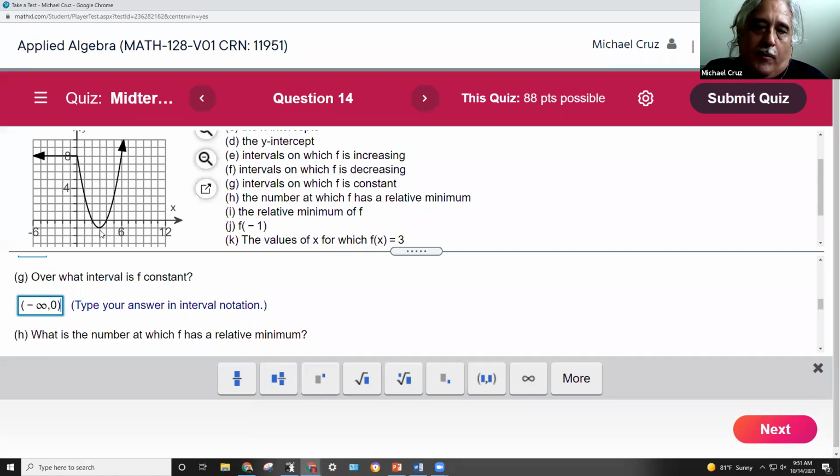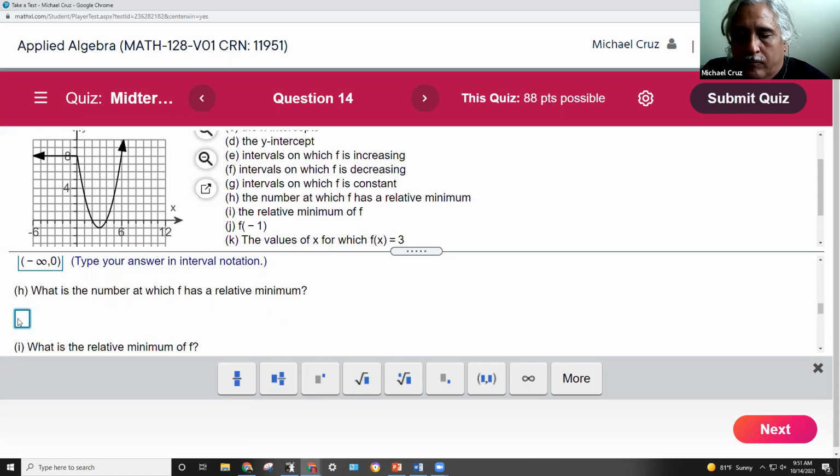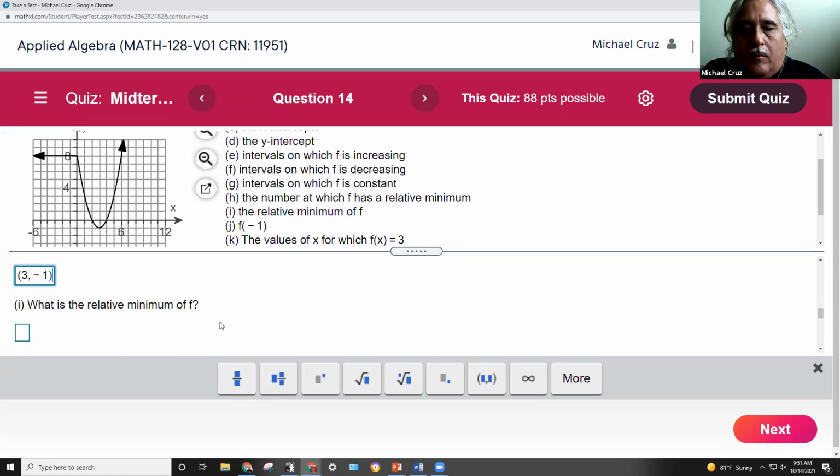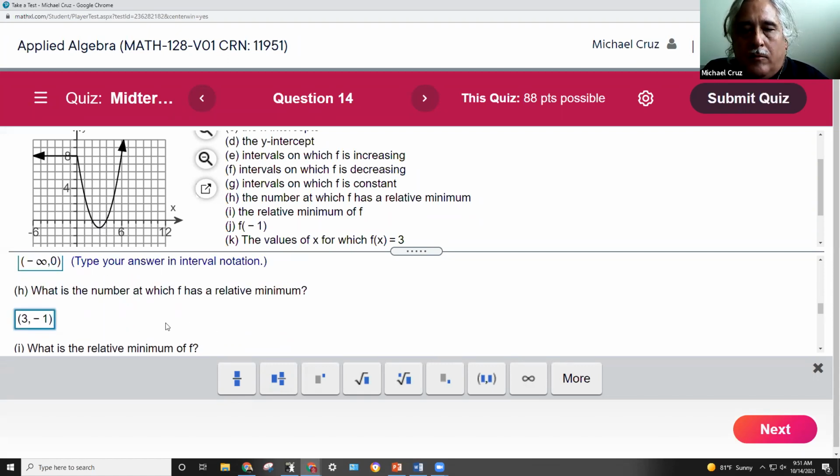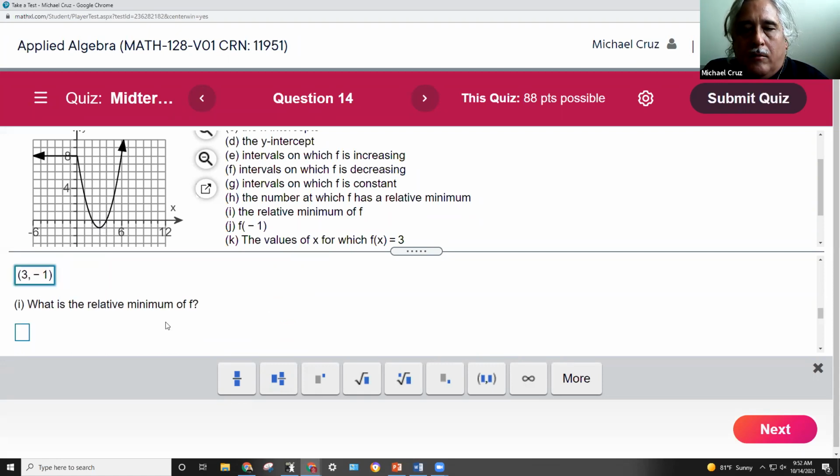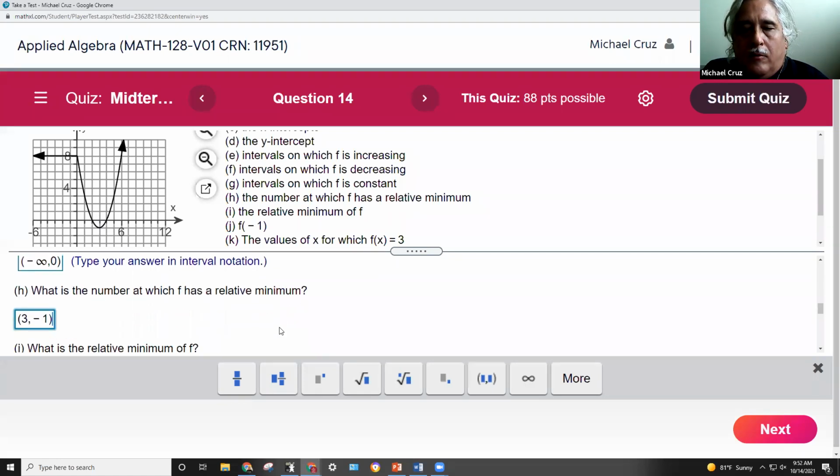The relative minimum is right there. That's 1, 2, 3, -1. All right, what does that say?